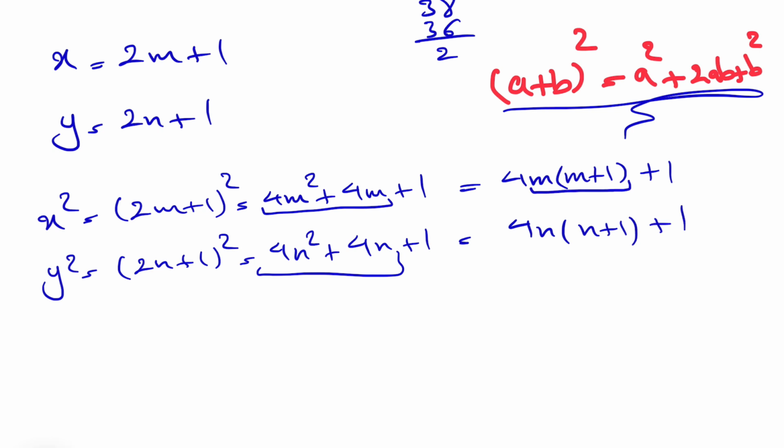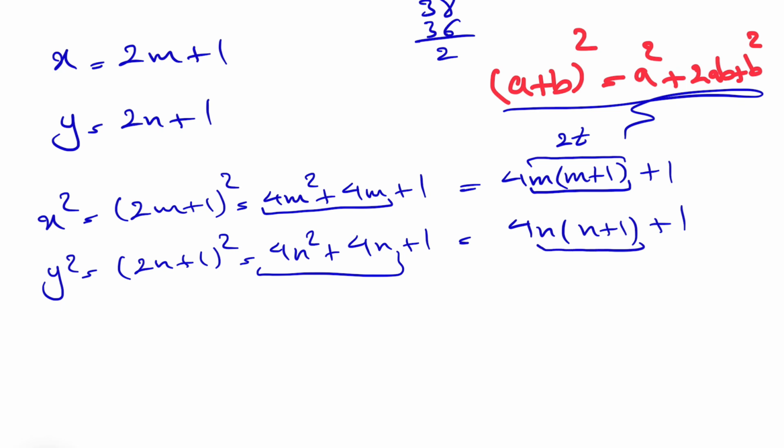So if we look at these two, we have the multiplication of two consecutive numbers: 2 times 3, 3 times 4, 5 times 6, and we know 100% that one of these two is going to be an even number. So this can also be written as an even number, let's show it with 2t.